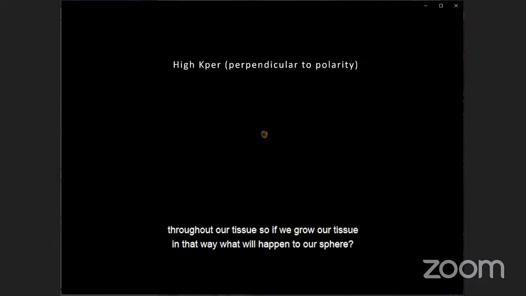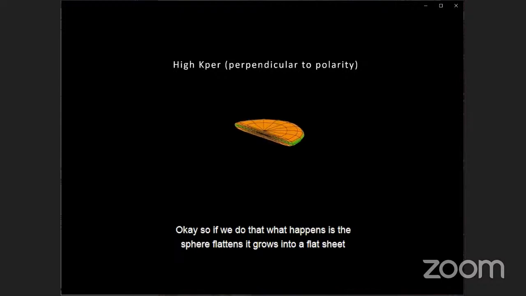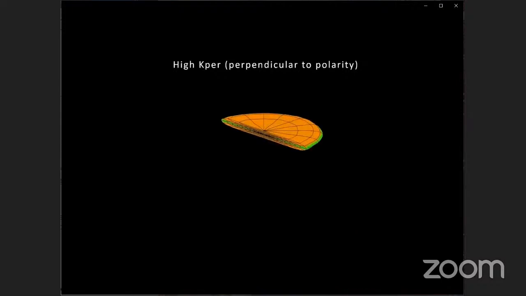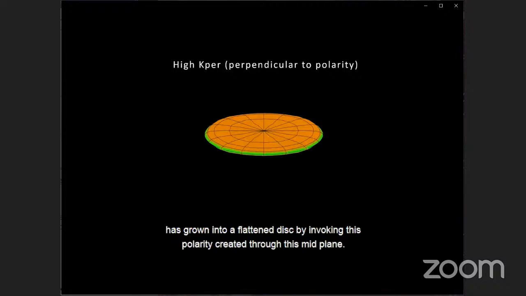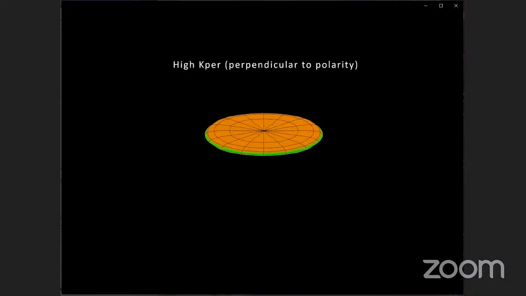So if we grow our tissue in that way, what will happen to our sphere? Okay, so if we do that, what happens is the sphere flattens. It grows into a flat sheet. And just to complete the tissue, we end up with a disc. So our sphere has grown into a flattened disc by invoking this polarity it created through this midplane.